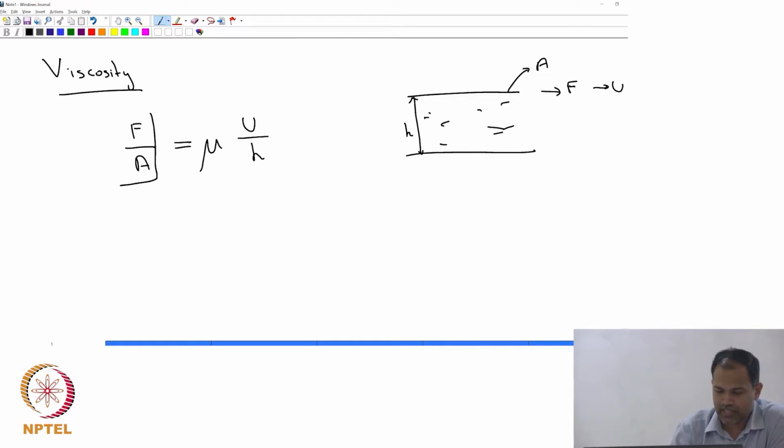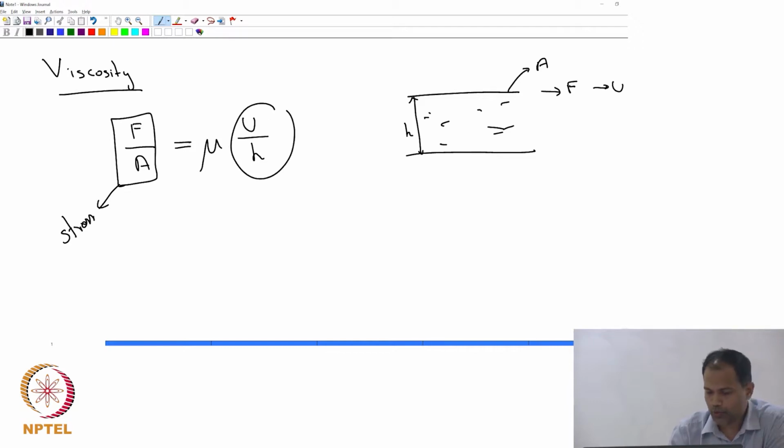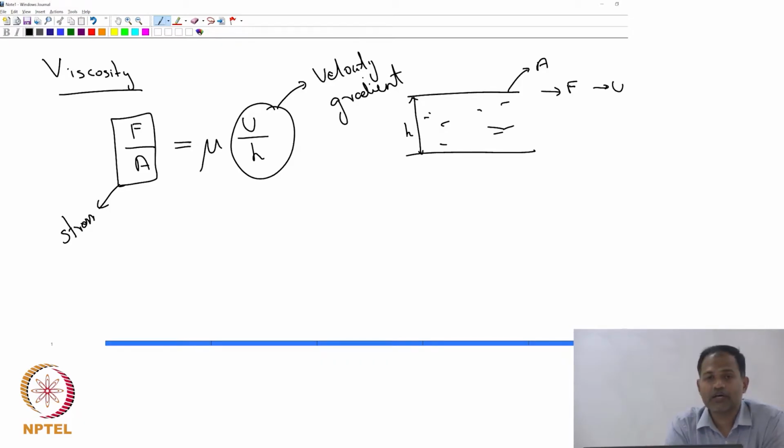That is what is done, right. And this left hand side is what is called the stress, and U by h is the velocity gradient. So, this is what Isaac Newton postulated, and that is what is known as Newton's law of viscosity.